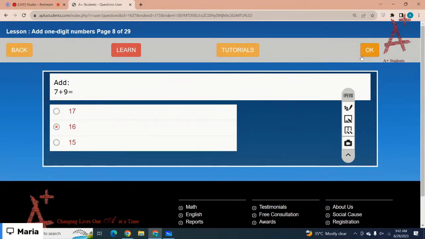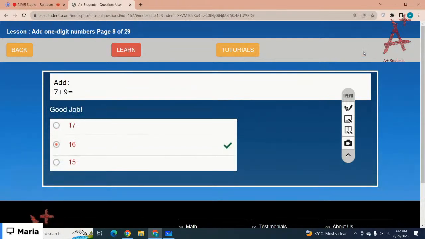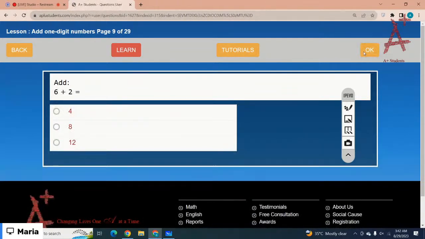The correct option is 16. 6 plus 2 makes 8. The correct option is 8, right?